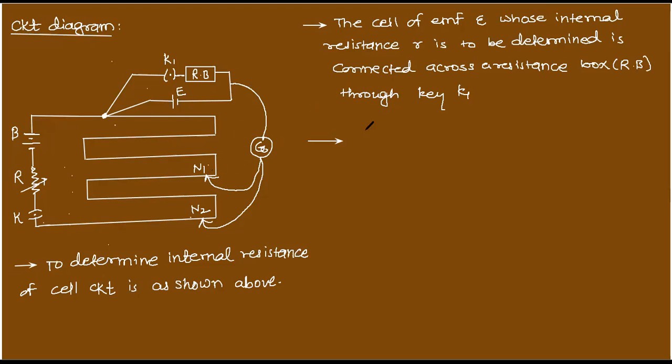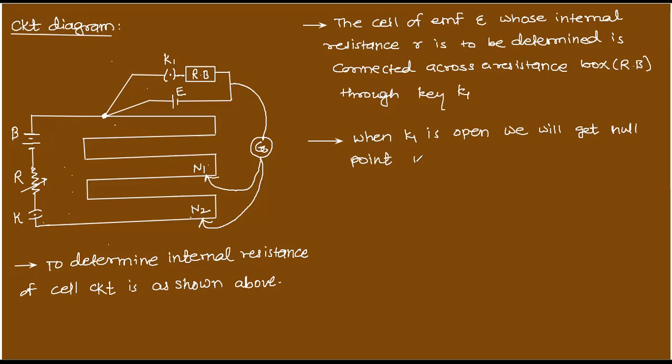And we are getting null point N1. So when K1 is open, we will get null point N1 at length L1, yes or not?